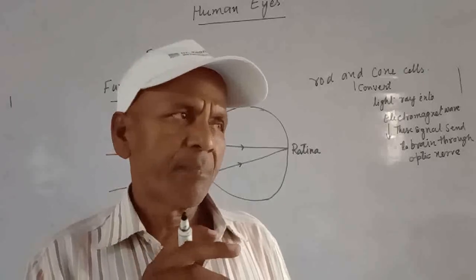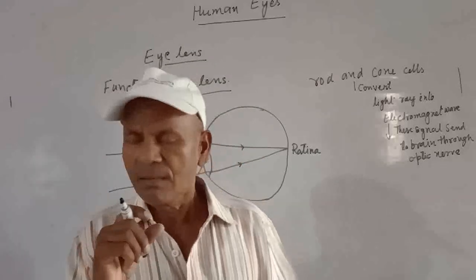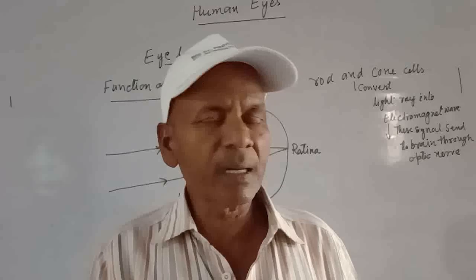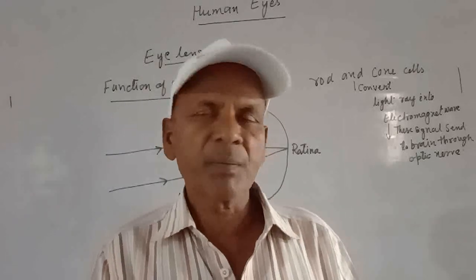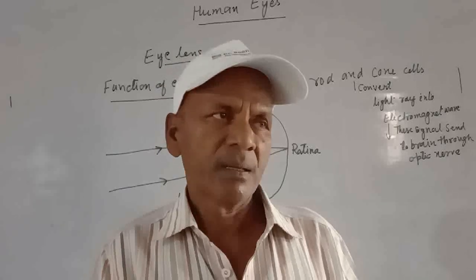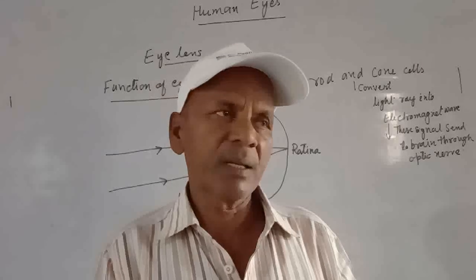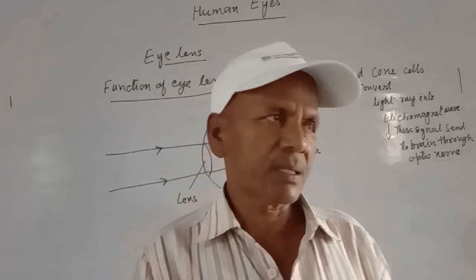When the brain of anyone is not working properly, the brain receives the signal but does not recognize the object, and this way, for a healthy man, if brain is not working, he cannot recognize or see the object.